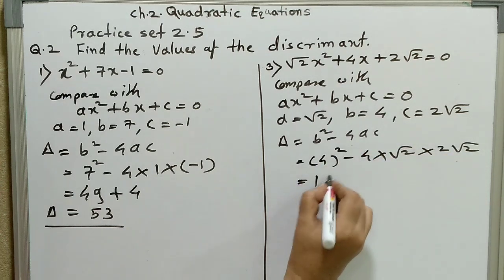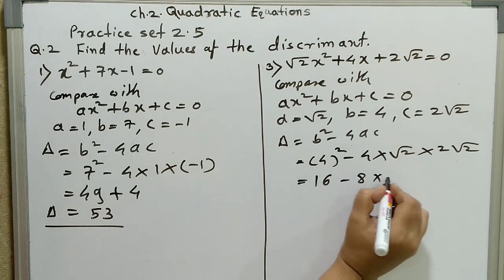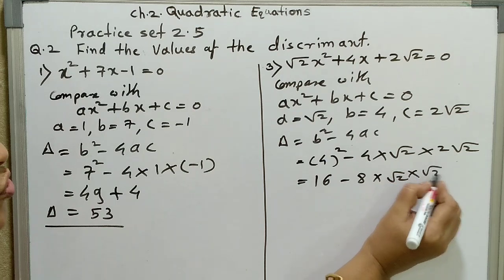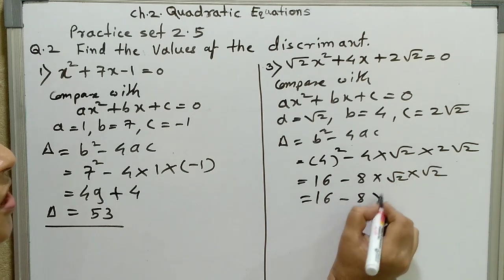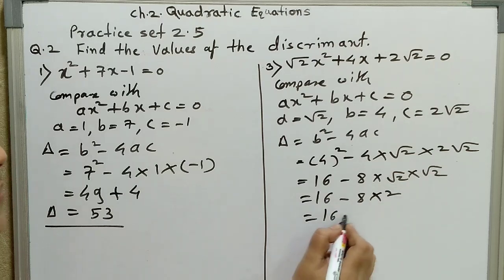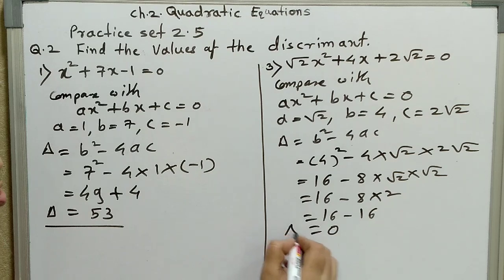So 4 square is 16, minus 4 into 2 is 8, and here root 2 into root 2 is 2. So 16 minus 8 into 2 is 16. So 16 minus 16 is 0. So the value of delta becomes 0.